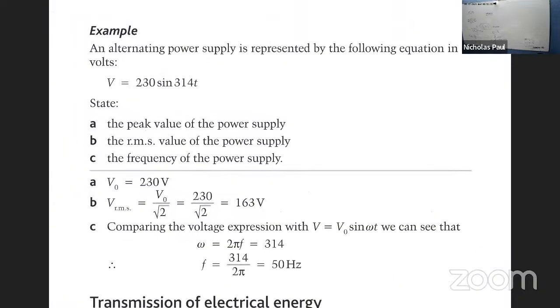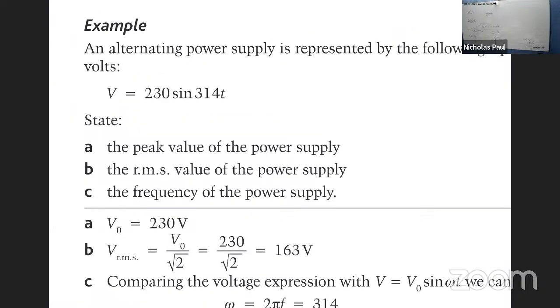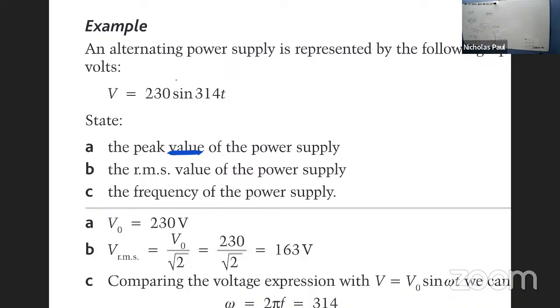Right here, one nice question. They asked us what the peak value is, and we could read it off. What is the RMS value? RMS is the peak value divided by root 2. Do you understand that? And for the frequency, what we have to do is say that 314 is equal to 2 pi f, because 314 is the omega.